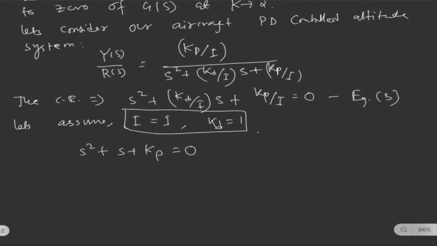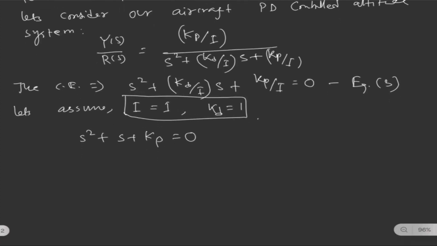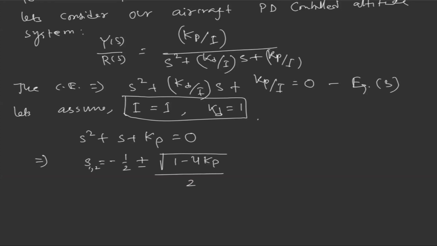In this equation, we will check with the change of Kp how the poles are going to vary. If you find the roots of this equation, we can write s equal to s1, s2, there are 2 roots: minus half plus minus root over 1 minus 4 Kp, divided by 2.